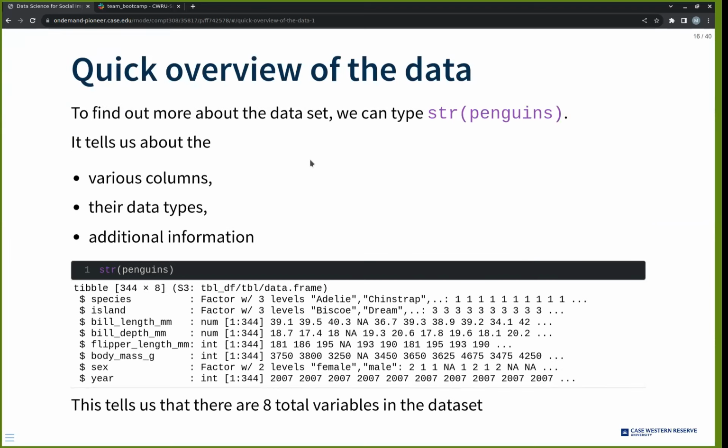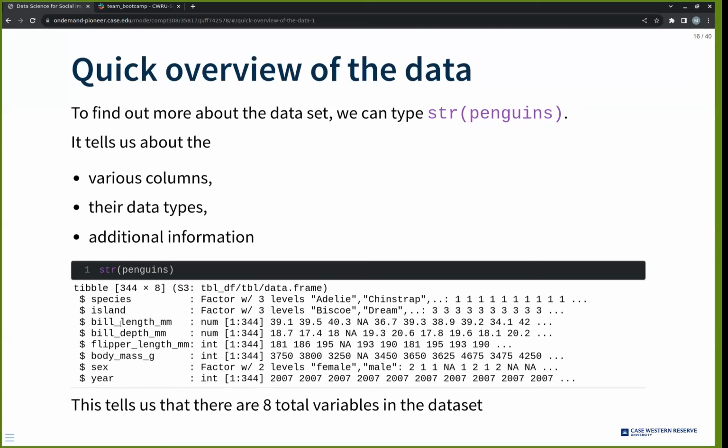rows. Okay, so now to find out more about your dataset, there is a function called str. What this does is tell us about the columns that are present, their data types, and some additional information if we need. So for example, if you type str penguins, it says that it is a table with 344 rows and 8 columns.